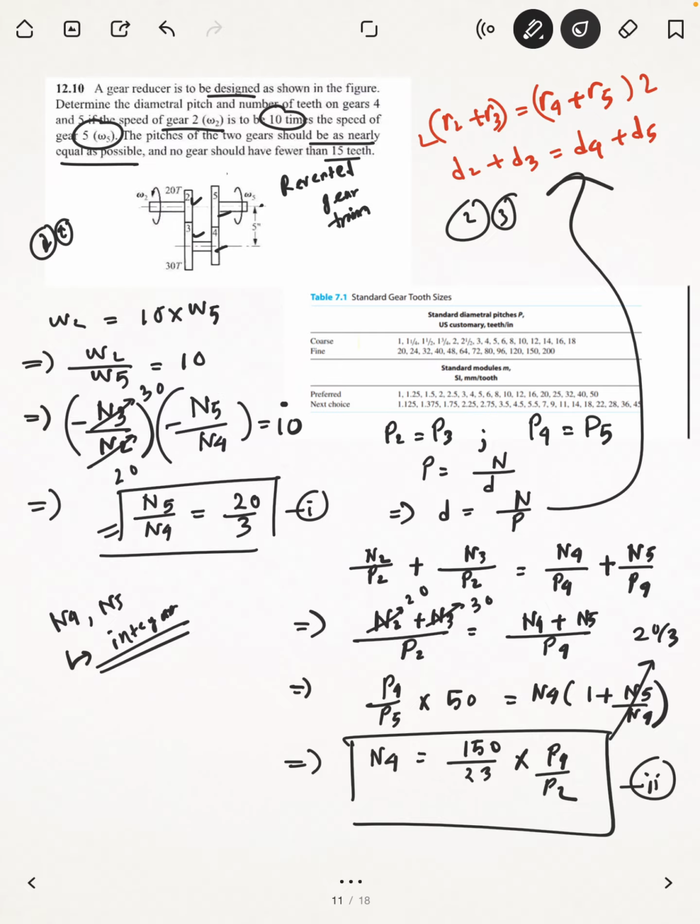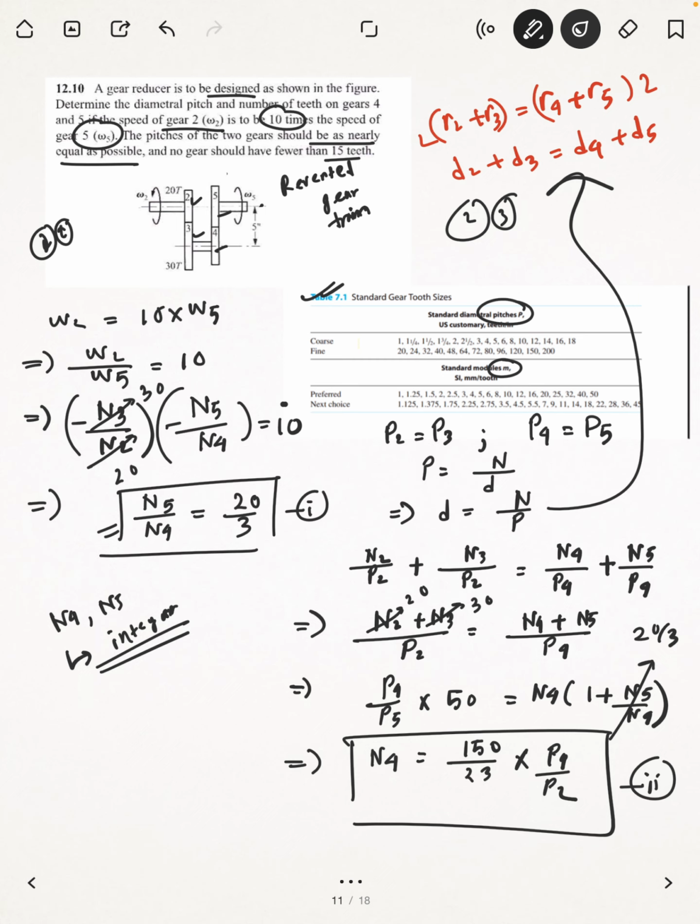Okay, now we have to iterate. We have to iterate using this table. This table is given as 7.1. In this table, the standard diametral pitches are given, and also the module. Okay, but if you see in the solution manual, they have used more values than are given in this table. That is also true, because there is another table in the machine design book where more values of the standard diametral pitches of gears are given.